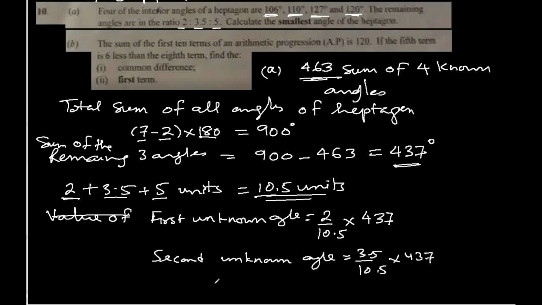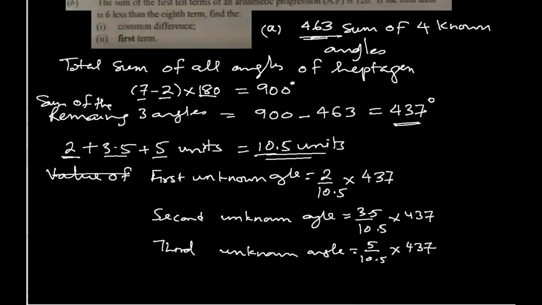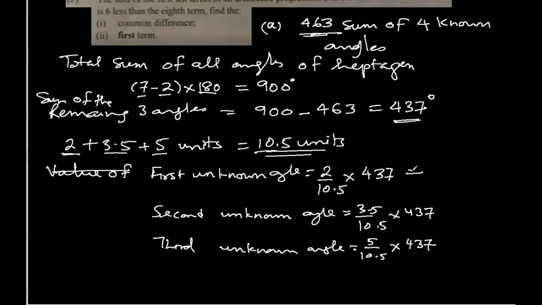And similarly, the third one is equal to 5 over 10.5 times 437. But obviously the first angle, because it has just 2 units, will be the smallest. We will just compare this with the known angles. If it is less than them, that means this is the smallest one.